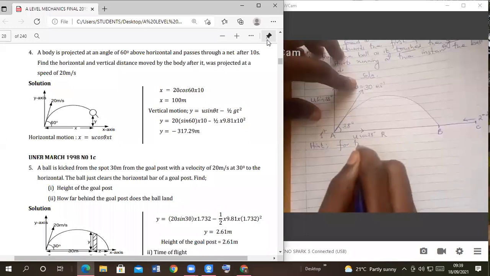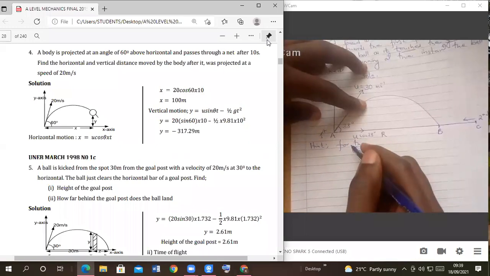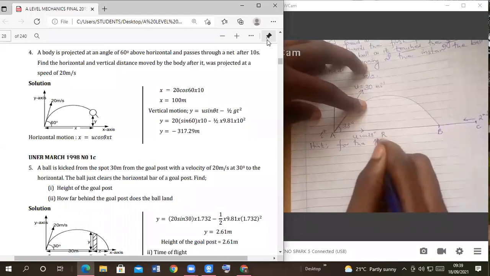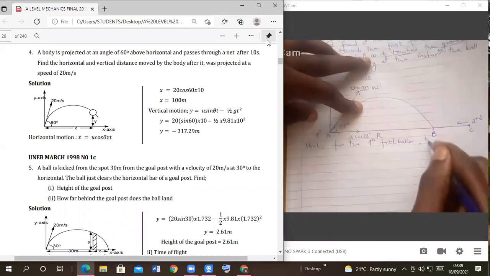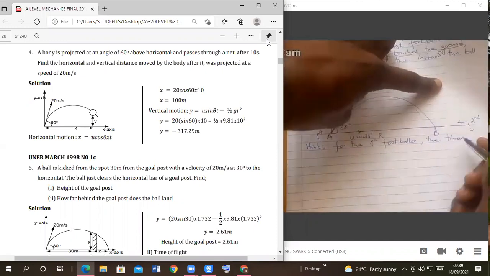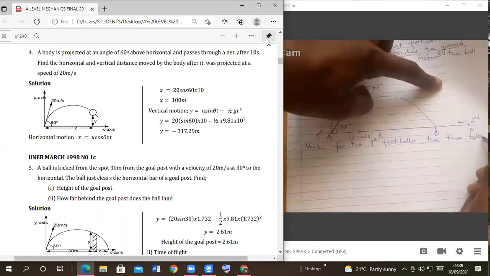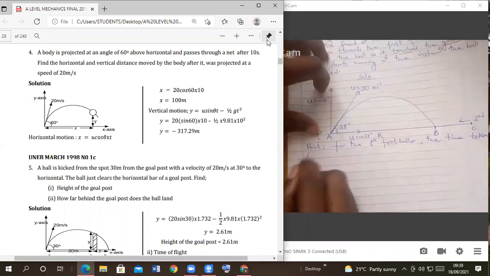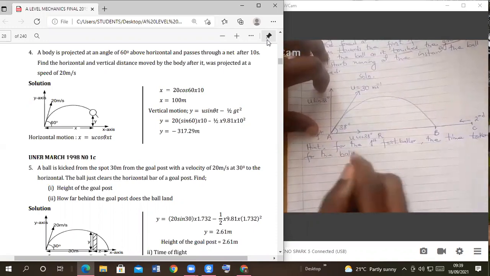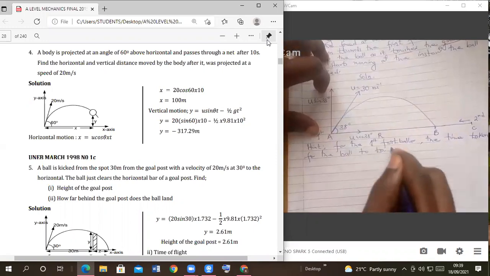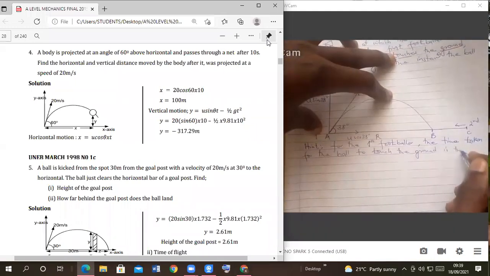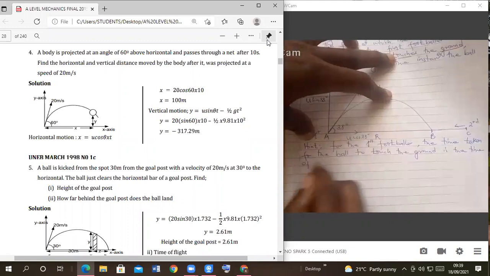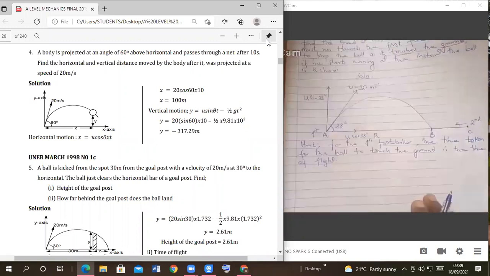So for the first footballer, the time taken for the ball to touch the ground is the time of flight.